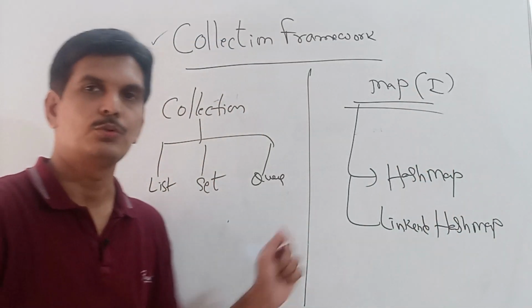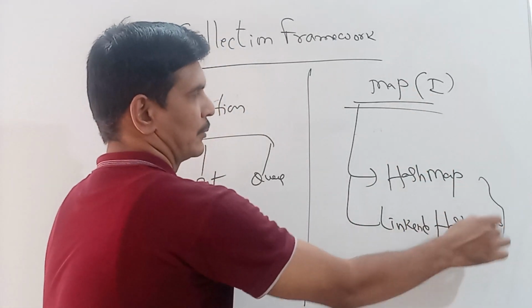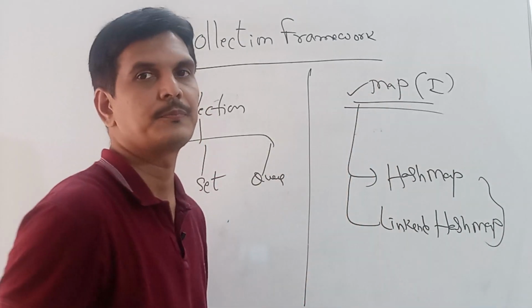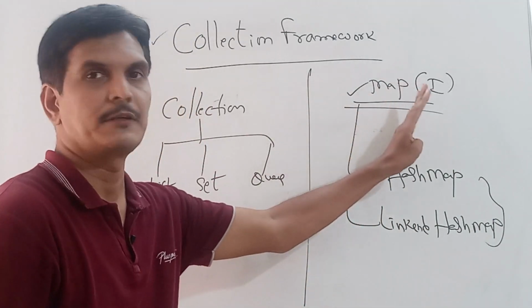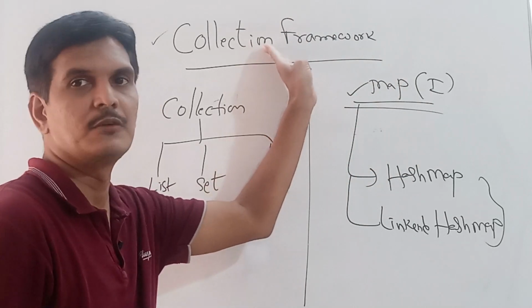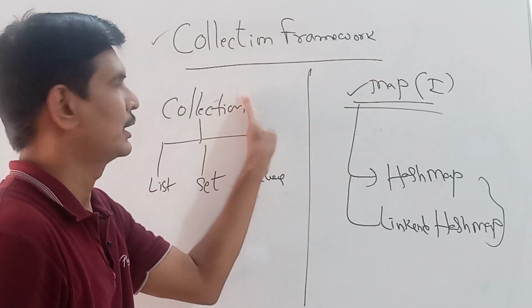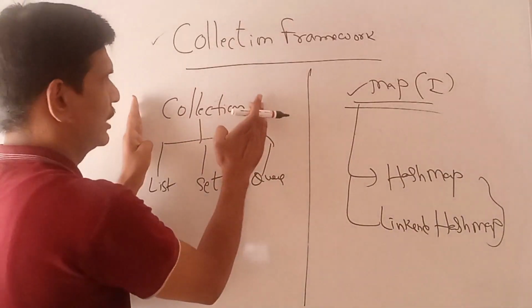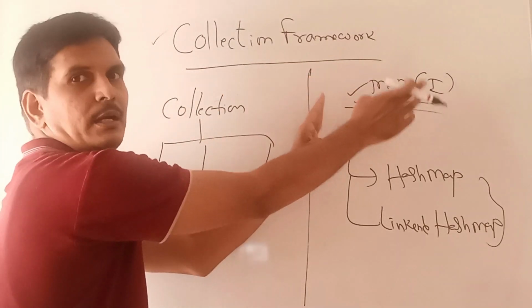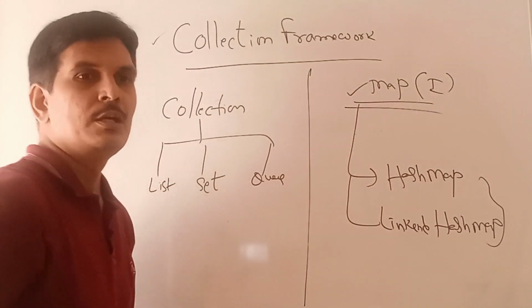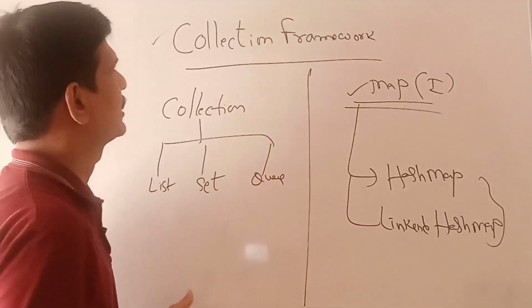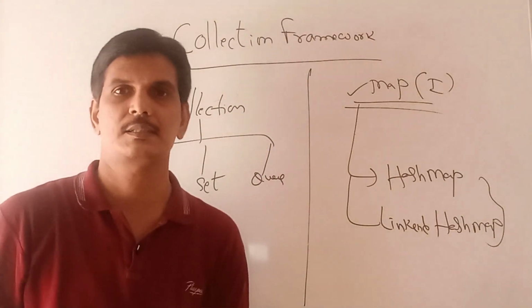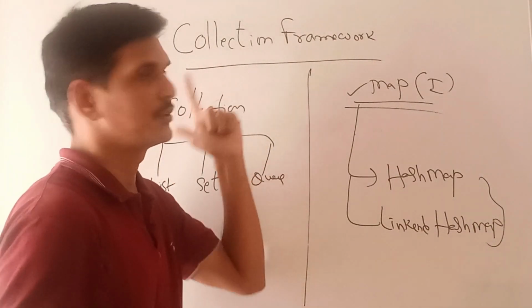These are the two classes which implement the map interface. Map is a completely different interface which also comes under the collection framework, but it is nowhere related to collection. Collection is a parent interface and map is a different one. This is how we need to understand all the interfaces and classes in the collection framework.